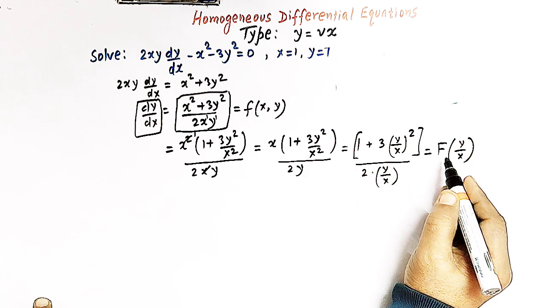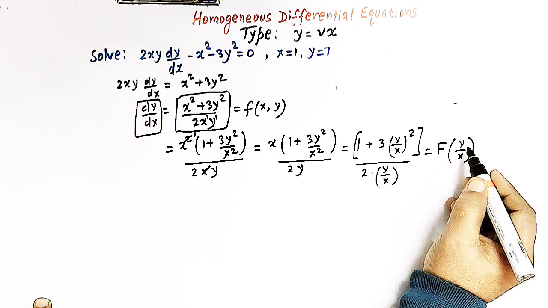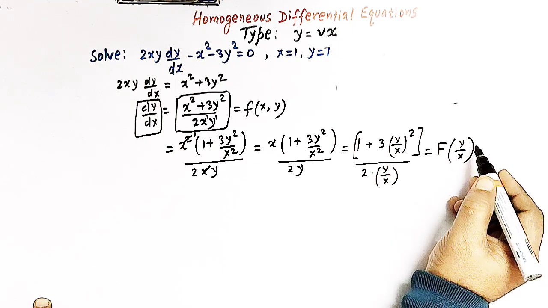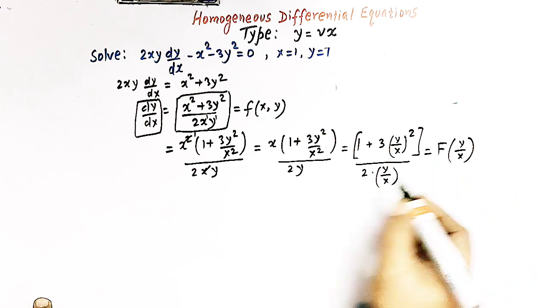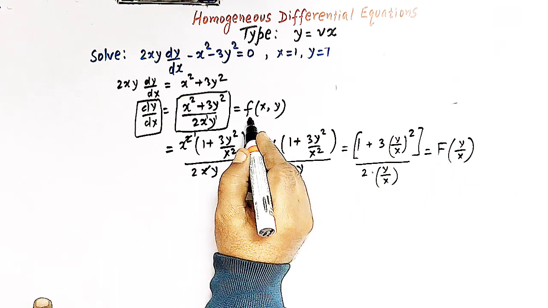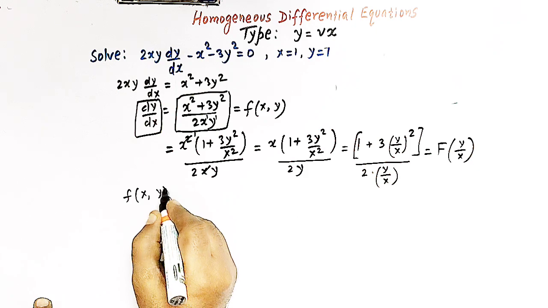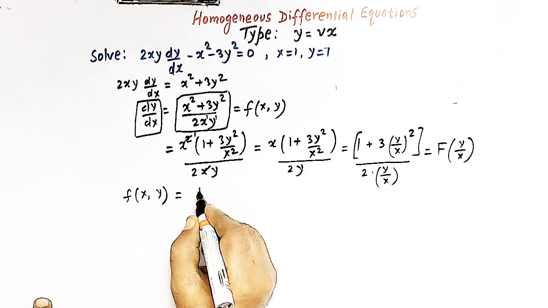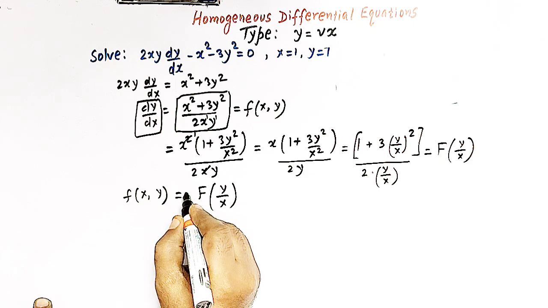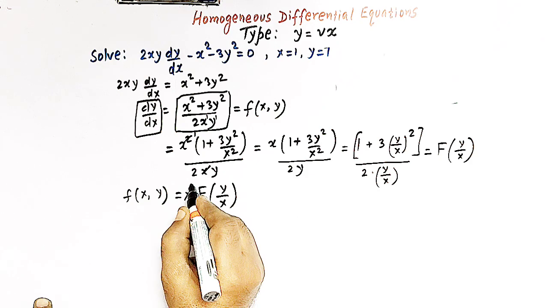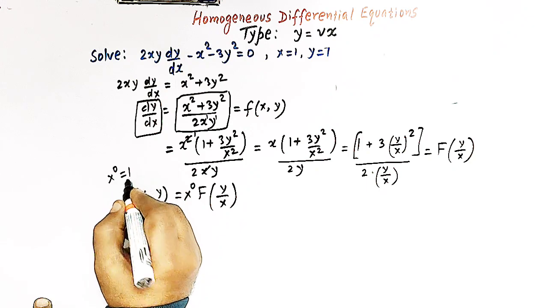And here we can see that this function F of y over x is a homogeneous function, right? Because we have expressed this function, that is f of x comma y, as F of y over x, and here we can write x raised to 0, because x raised to 0 is 1.